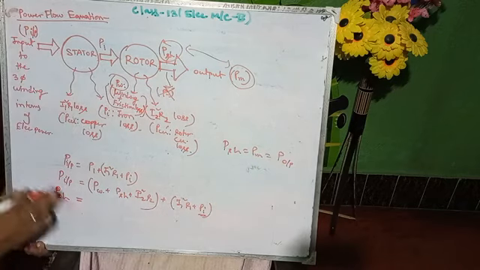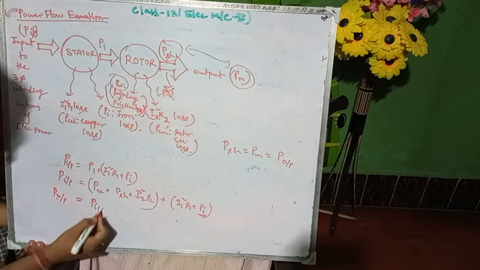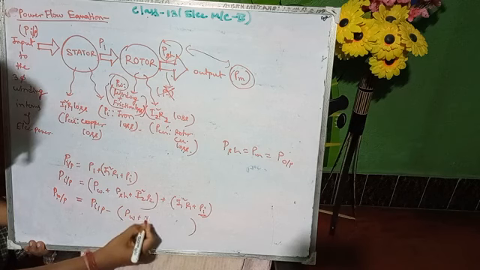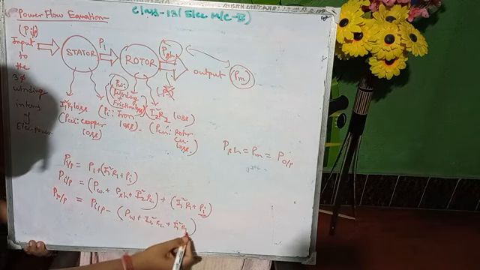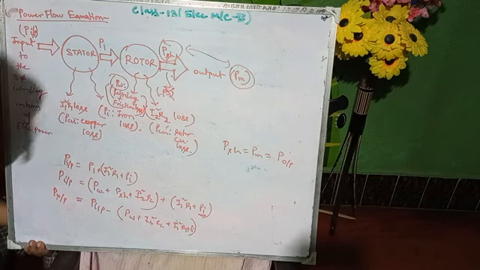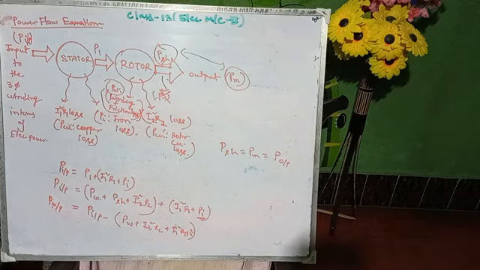So P output equals P input minus these losses, that is PW plus I2 square R2 plus I1 square R1 plus PI. So this is the concept of your power flow equation.